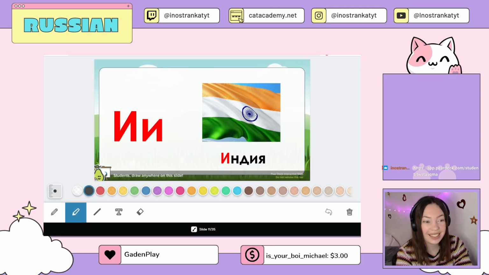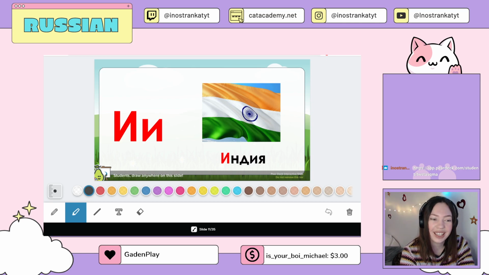Next letter is quite confusing because it looks like an upside down N in the English or Latin alphabet, but it is actually a vowel and it sounds E. And again, it was not easy to find a word that begins with letter E and would have the same meaning as in English, so I had to be a little bit sneaky and choose the country, India.